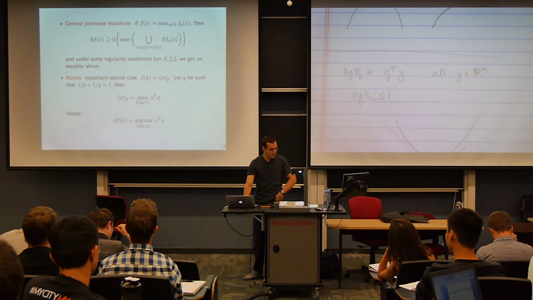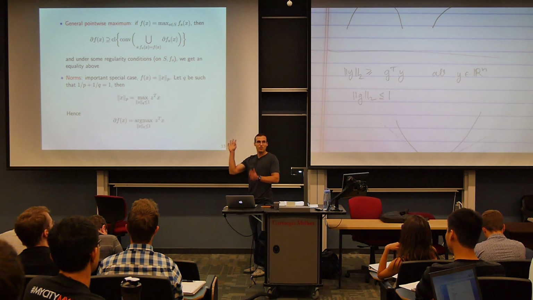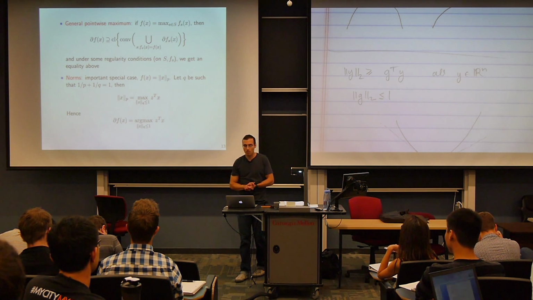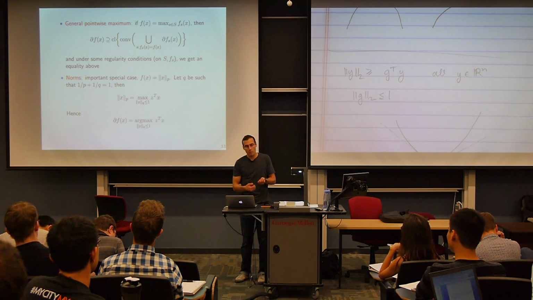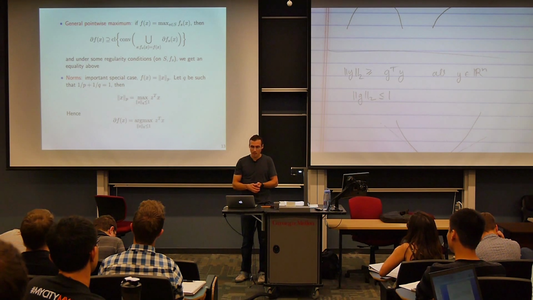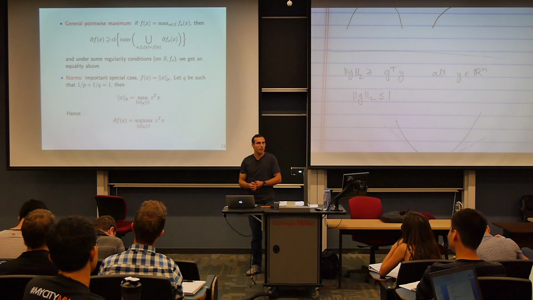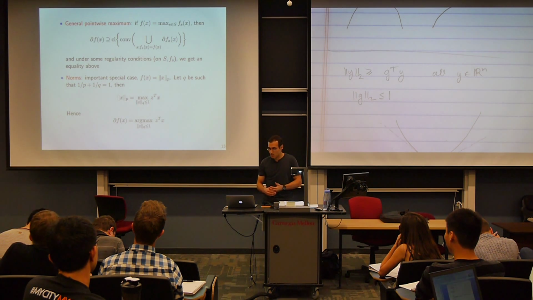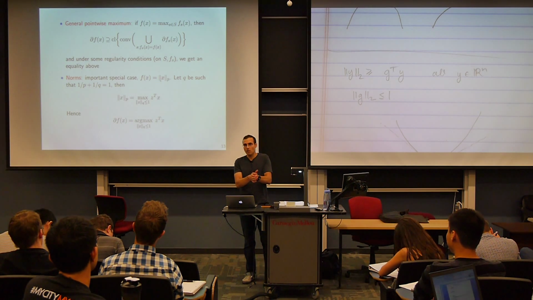The most important case I think that's helpful to remember is the case of norms. This actually gives the recipe for computing the subgradients of norms, and it's defined in terms of the dual norm. When we talk about duality, we'll see this more explicitly. But you may have encountered this in a basic class on real analysis or measure theory, that for every LP norm there is a dual norm.